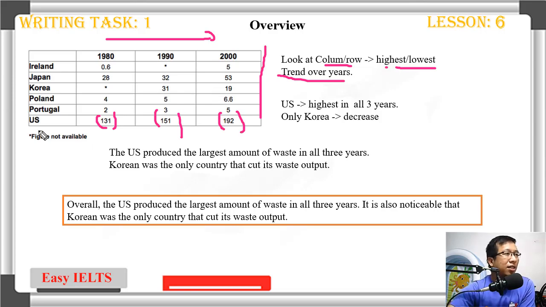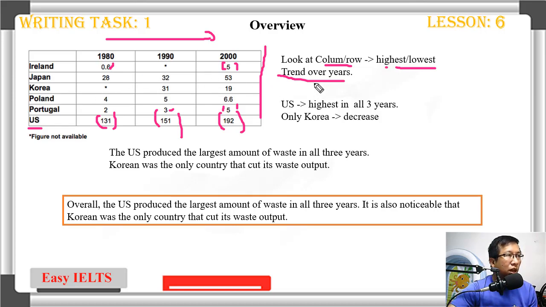So you can easily see the US was highest in all 3 years. Again, this one is lowest, the number here is lowest, the number here is lowest. So in different years, the nation that has the lowest number is different, so we don't want to talk about the lowest.